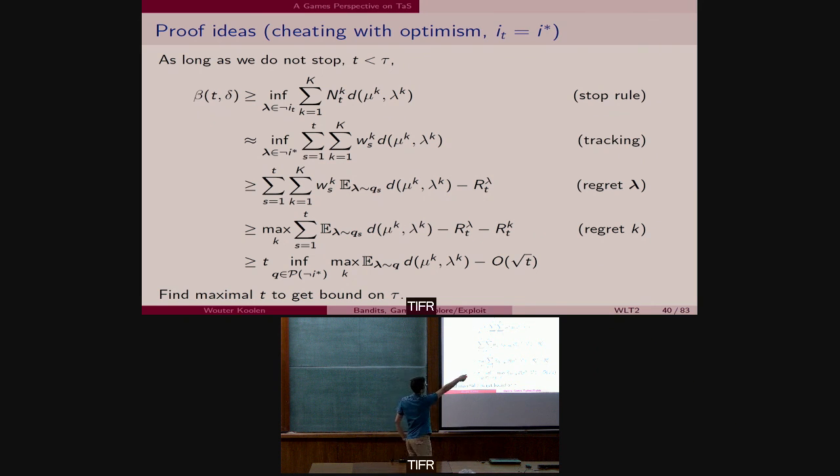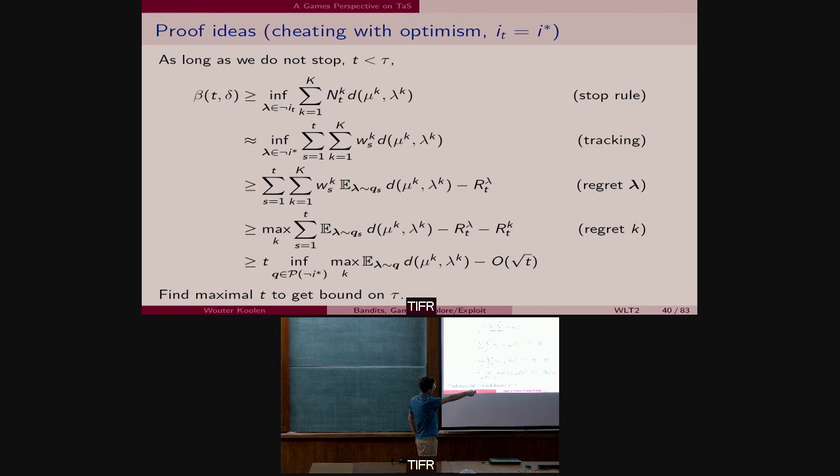I cheated, this should be mu hat. I put in the mu. Forgive me. So from the stopping rule you get this. Then you use tracking, so that means your N's are actually looking like sums of W's. Then this is an infimum over lambda, but you use the regret learner for lambda, so you can replace it by the iterates of lambda.